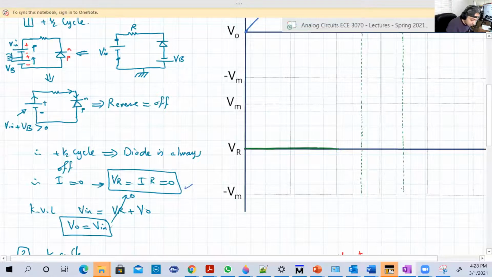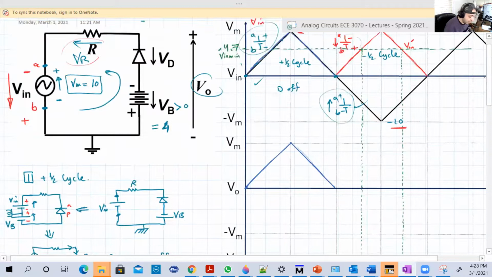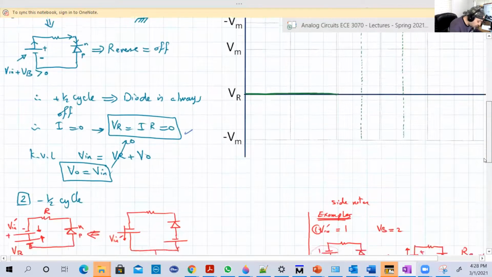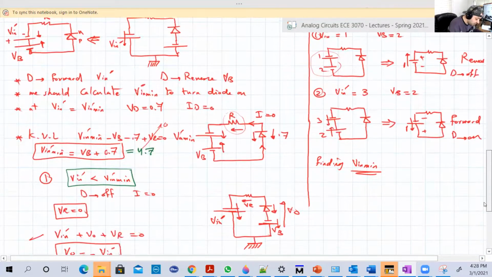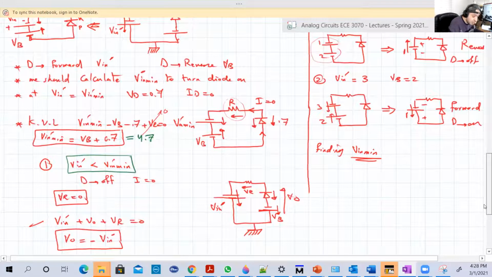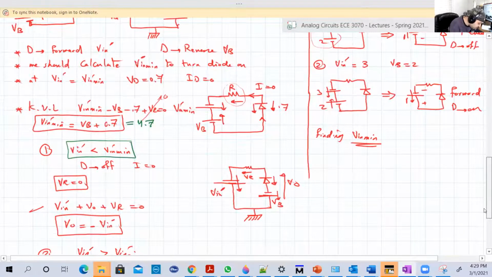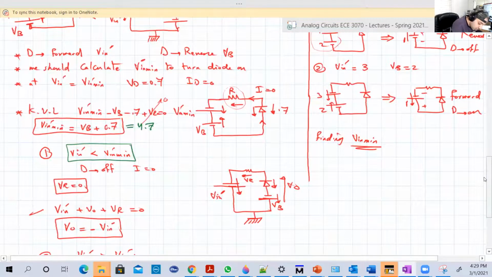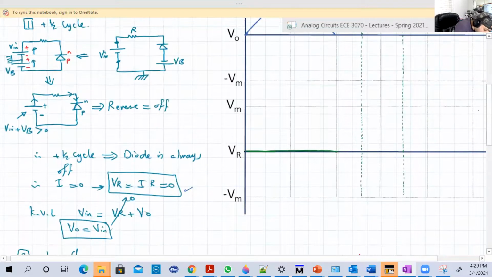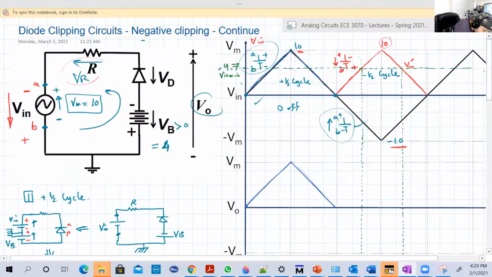And let's now plot what we have. We said that when the input dash is less than the input dash minimum, VR is 0 and the output is equal to minus the input. So let's start with VR because it's easier. VR equal to 0. Let's check this area.